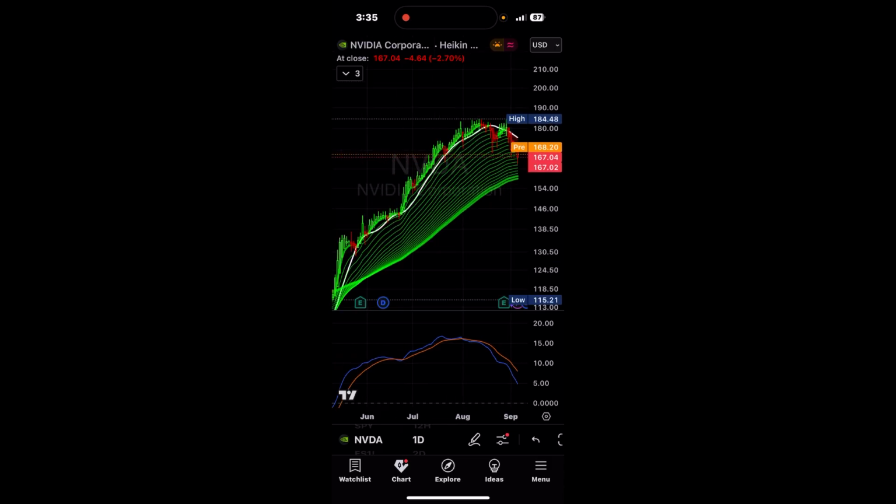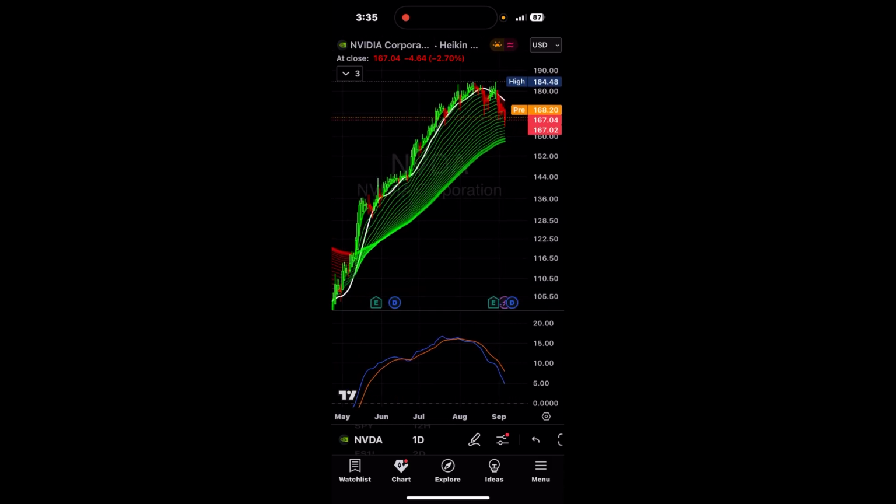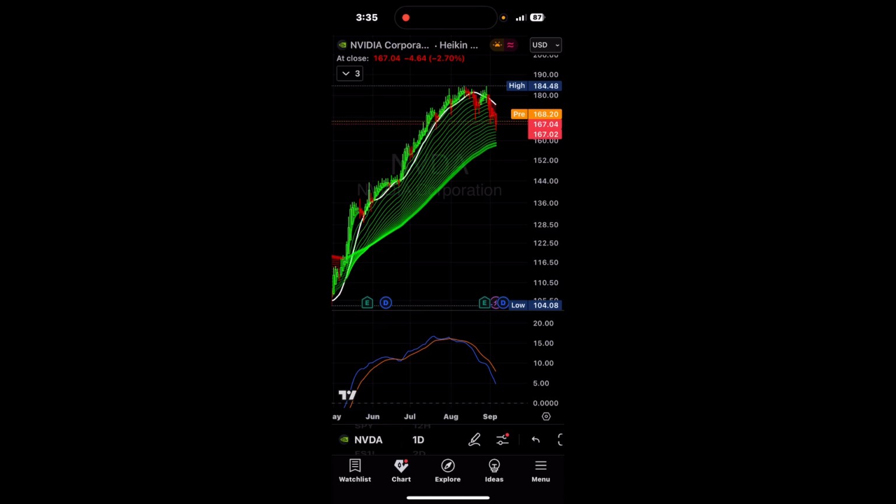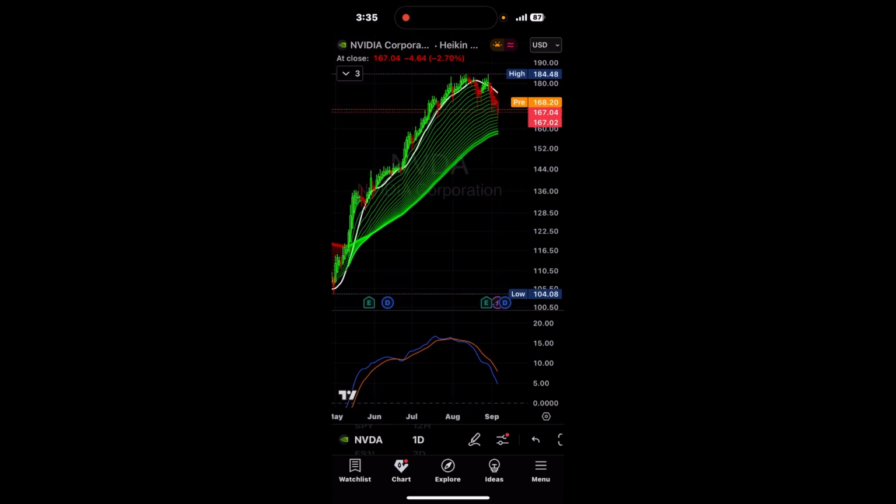So basically what we want to do is look at NVIDIA on the daily, and see what it's doing. And from the daily, we want to go to the last point in time when we see the plot line from the linear regression candles crossing the 90-95 on the daily, and we see that happen right here.